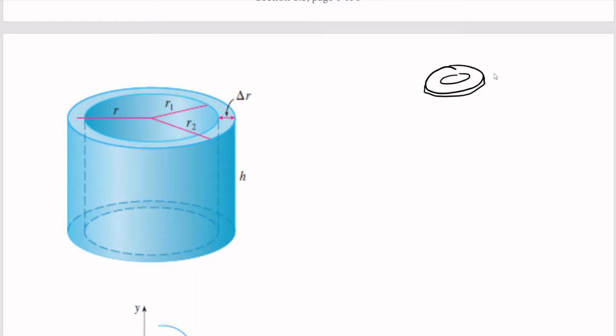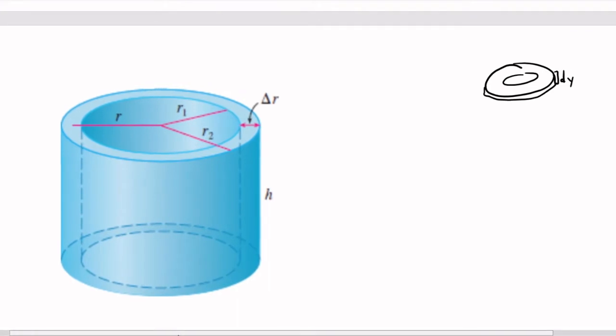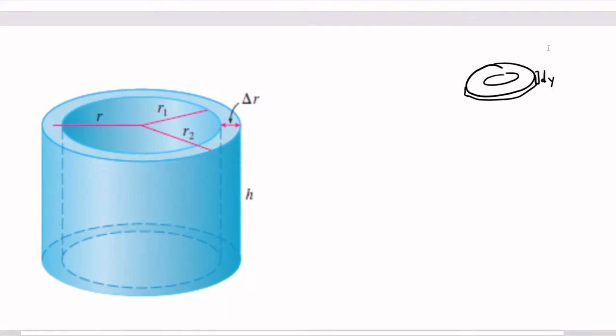The small change, right? Before, we were calling this thickness dy, right? So let me zoom in here a little bit more because I'm drawing something small. So in the previous washer disc method, in this scenario, we have a thickness of dy. Okay, but now over here, I do not have a thickness, an up and down thickness.